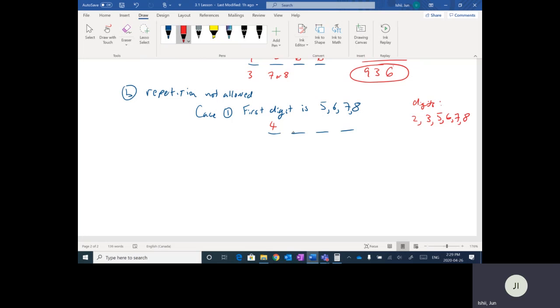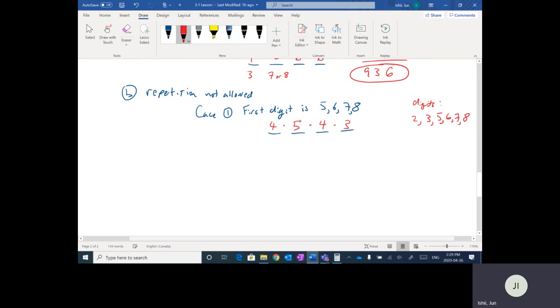Okay, so in this next spot here, we actually have 5 possibilities. The reason it's 5 is because one of those digits, a 5, 6, 7, or 8, was used in the first spot. So it takes away 1, because you can't use the same one. So instead of 6, it's going to be 5. And likewise over here, it's going to be 4 and then 3.